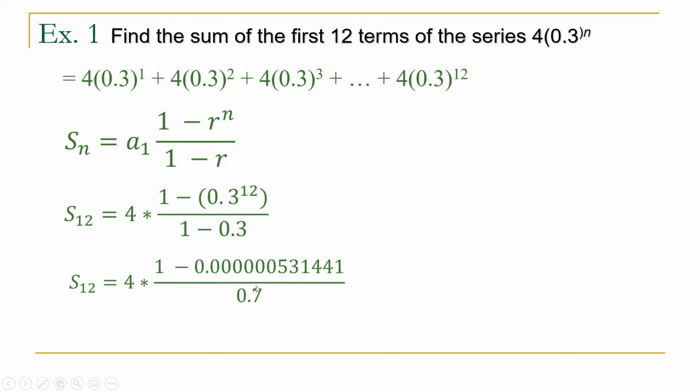And then after that, ang gagawin natin is, i-compute muna natin itong 1 minus itong nasa decimal point, nasa numerator. And ang sagot niya is 0.9999994685559. Okay? So we have to copy itong nasa denominator na 0.7.